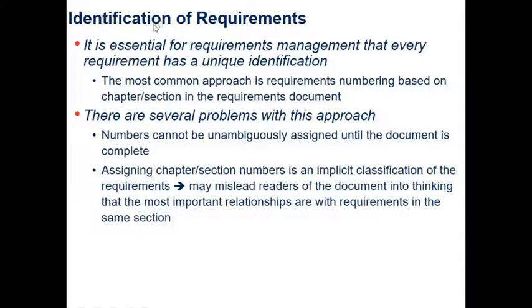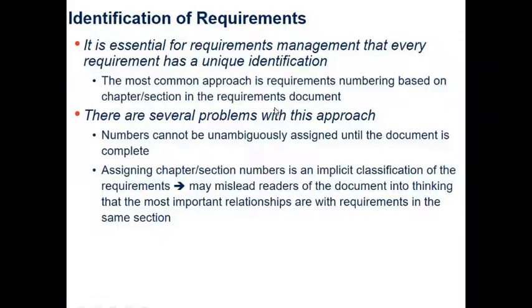Okay, so the first one, identification of requirements. It is essential for requirements management that every requirement has a unique identification. Okay, the most common approach is requirements numbering based on chapter or section in the requirements document. There are several problems with this approach. Numbers can be unambiguously assigned only when the document is complete, right?